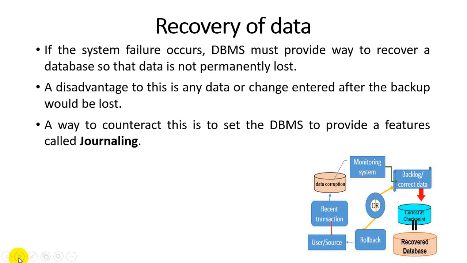So if the system fails, a DBMS must provide a way to recover the database so that data is not permanently lost. Whenever a user stores data with the help of a DBMS, they require that data is not permanently lost, meaning whenever the system crashes, they want their personal information recovered with some tool. The disadvantage is that any data or change entered after the backup would be lost.